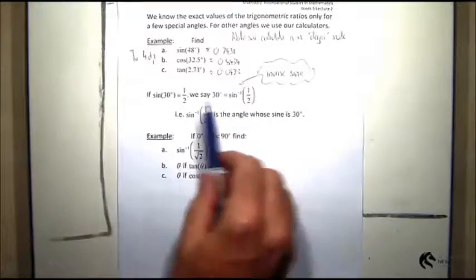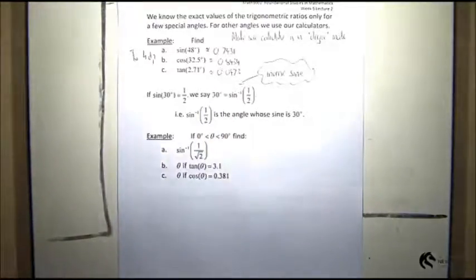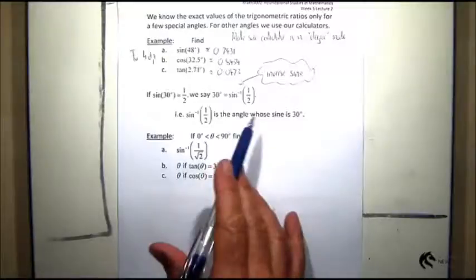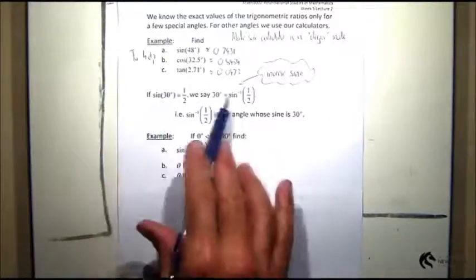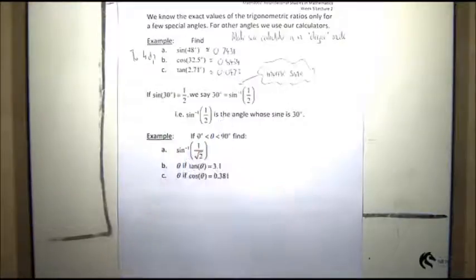It's the inverse operation. For the minute, I'm just saying it's the inverse operation. Once we've introduced the trig functions, this is going to be the inverse function when we get down there.